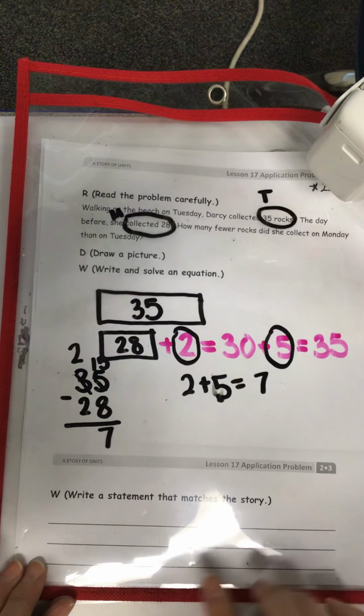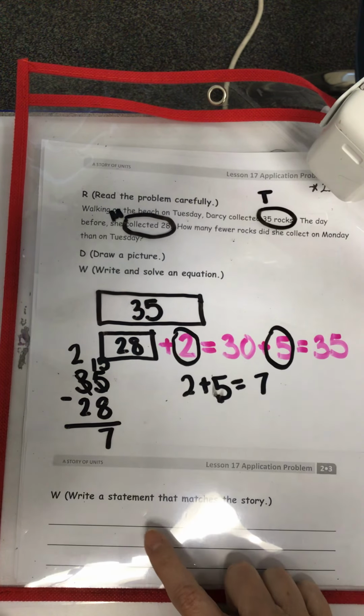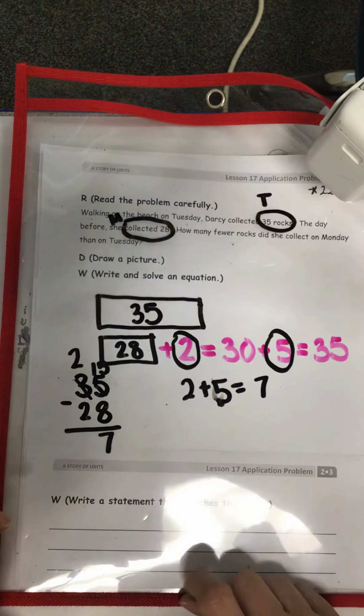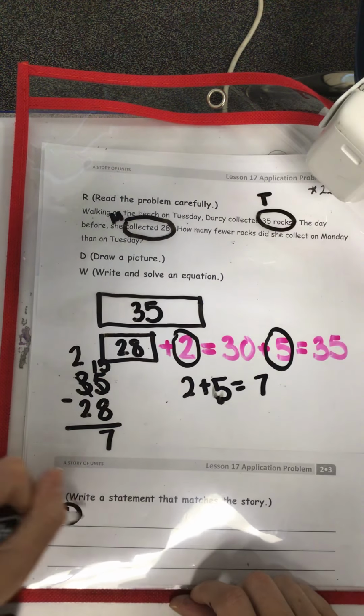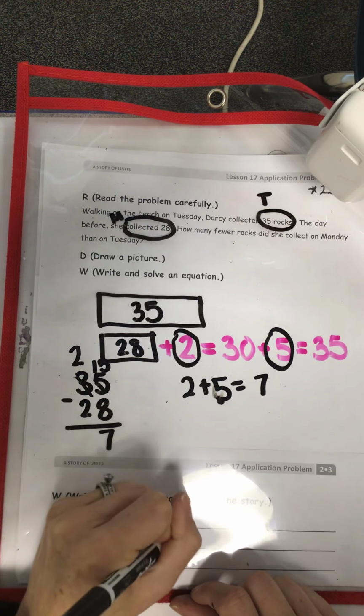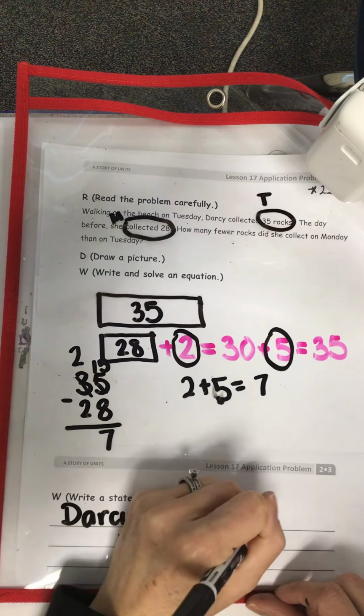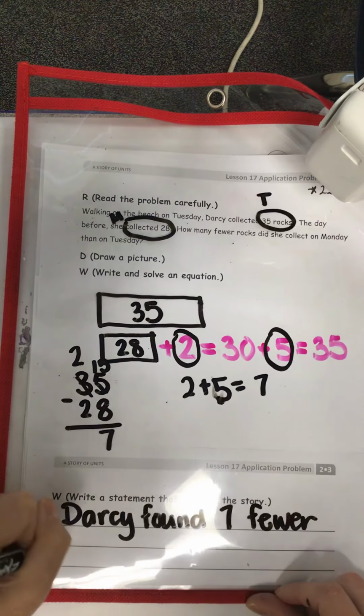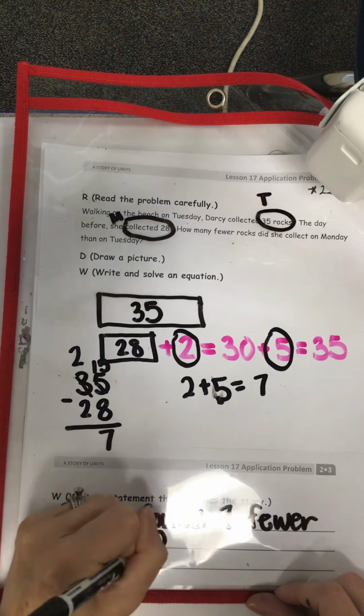And then their sentence should say, Darcy found 7 fewer rocks on Monday. And they would write there, Darcy found 7 fewer rocks on Monday.